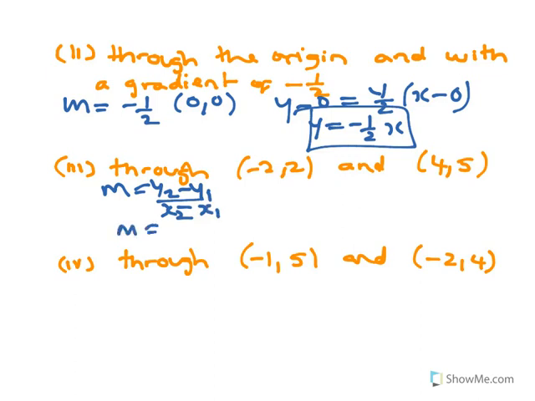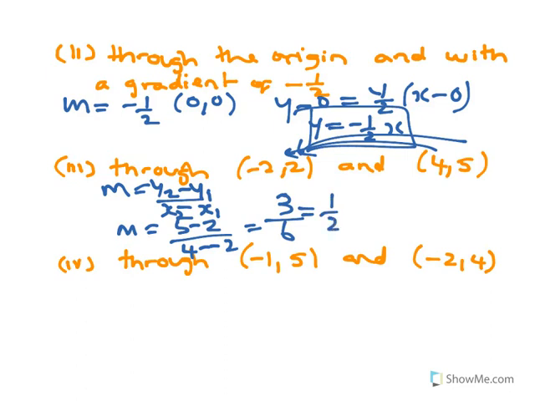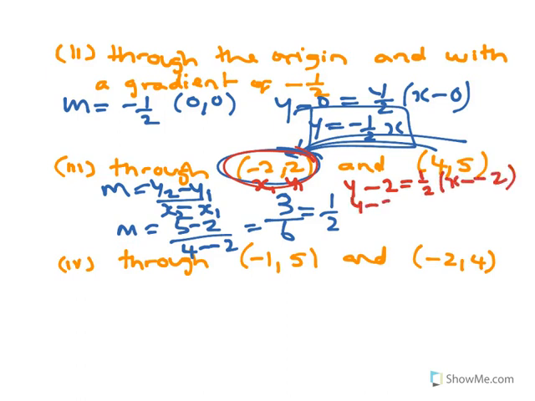So the gradient would be 5 minus 2 over 4 minus minus 2, which is 3 over 6, or a half. Okay, so you just take one of those points. It doesn't actually matter which one. That's x1, y1. Y minus 2 equals a half (x minus minus 2). Y minus 2 is a half x plus 2.